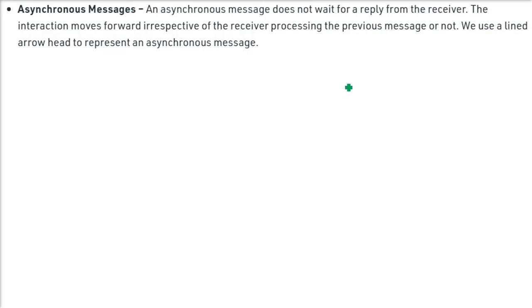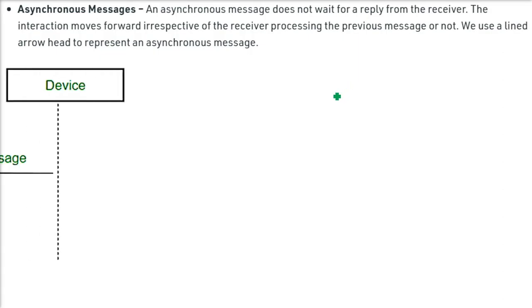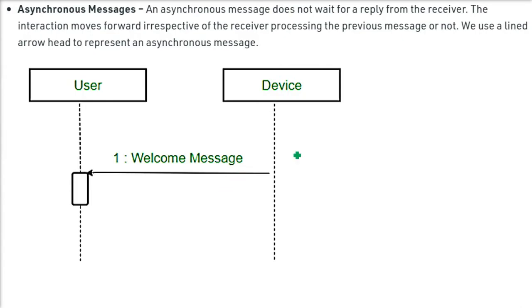An asynchronous message does not wait for a reply from the receiver. The interaction moves forward irrespective of the receiver processing the previous message or not. So we use a line arrow, a directed arrow. Previously the arrowhead was filled. Here it will be just a directed arrow. This is the difference between the depiction.